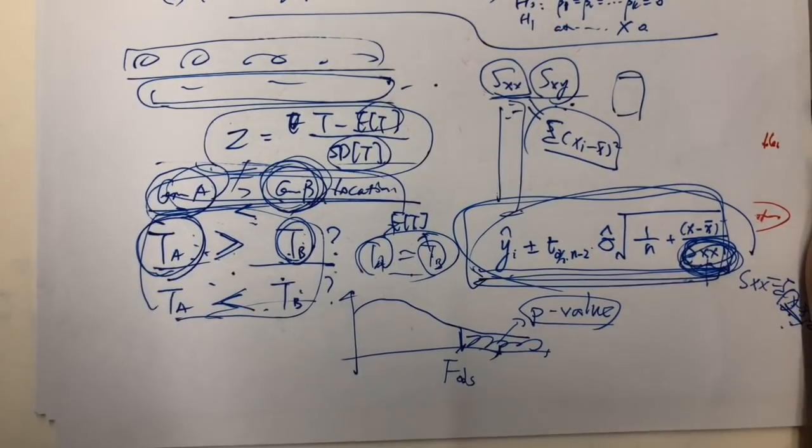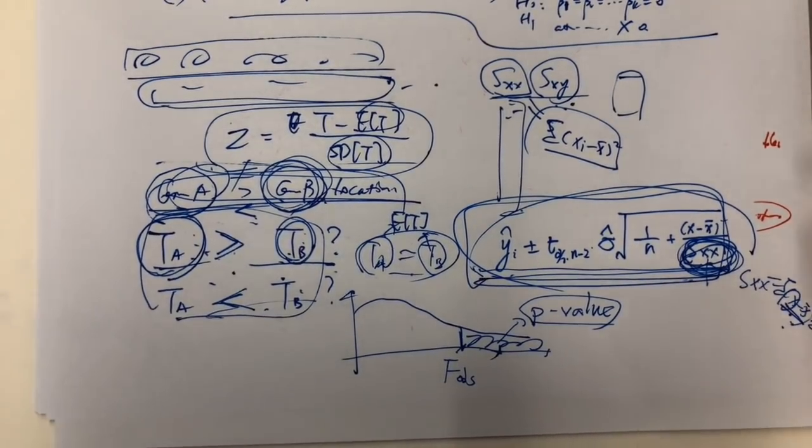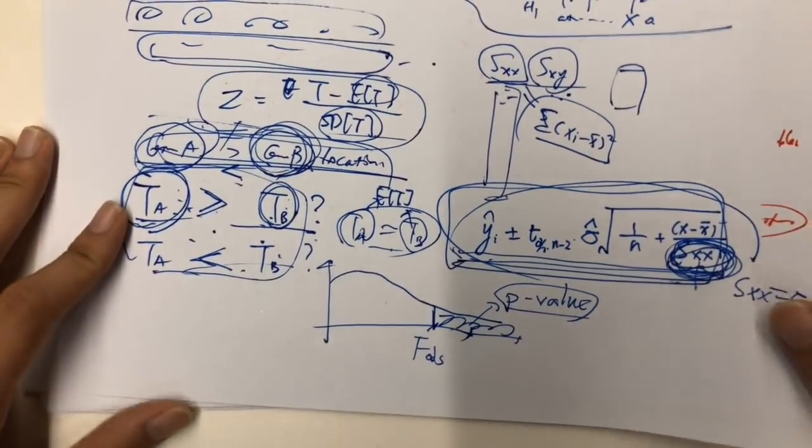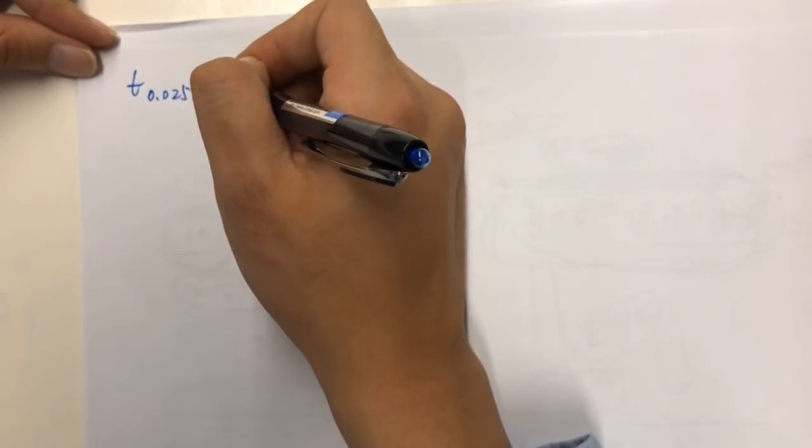How about the t-critical value? Well, for the t-critical value, we can find it in a statistical table, right? For example, if we want to know t 0.025 with a certain degree of freedom, I think I answered this question just now. Okay, so, yeah.